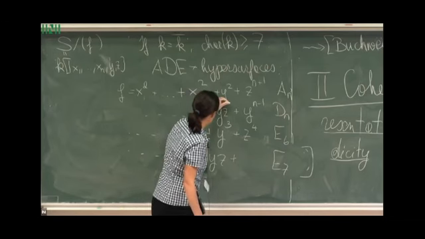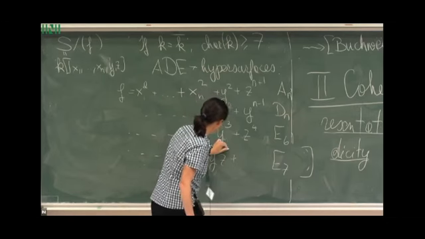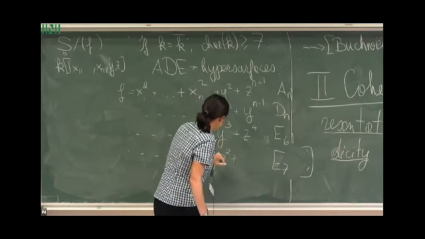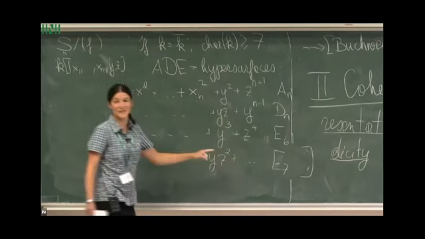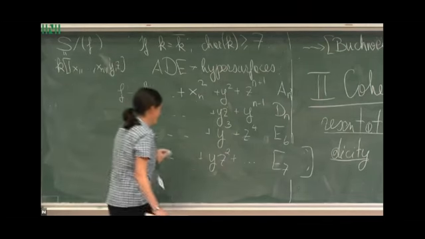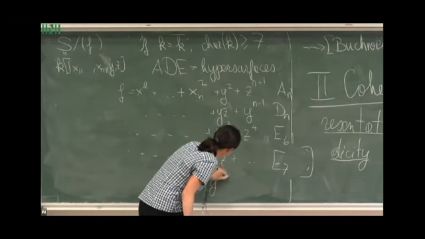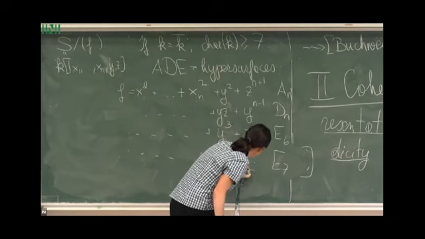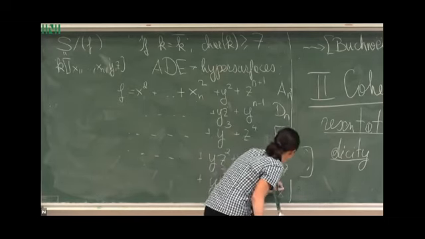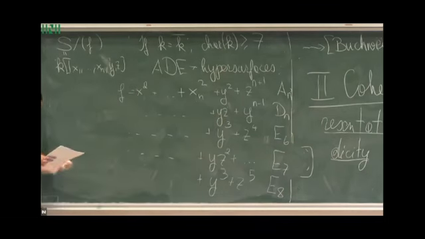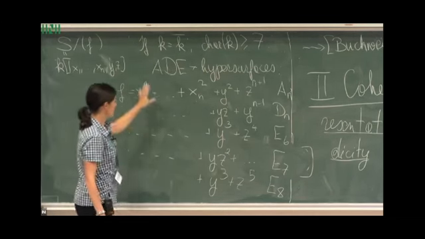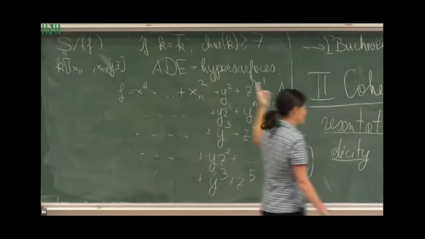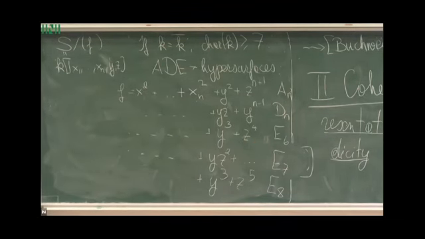I think we have y z squared here, and here we should have whatever the right term is, I'm sorry. And for E8, at least I remember that one. So of this type. And if the characteristic is 2, 3, or 5, then you have a slightly different list, but you still have a similar classification.